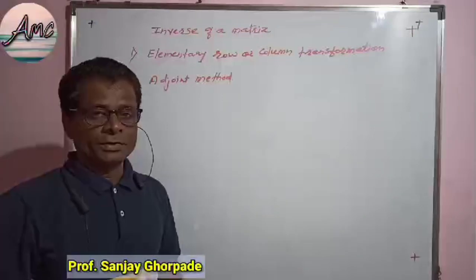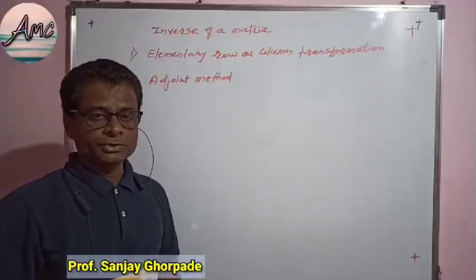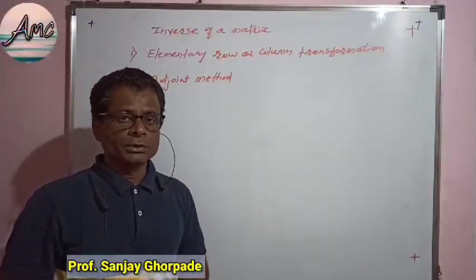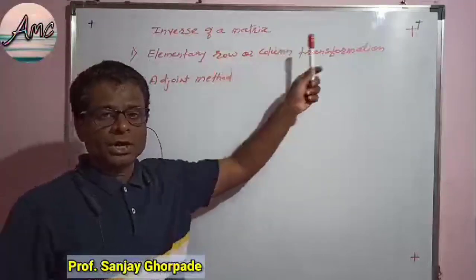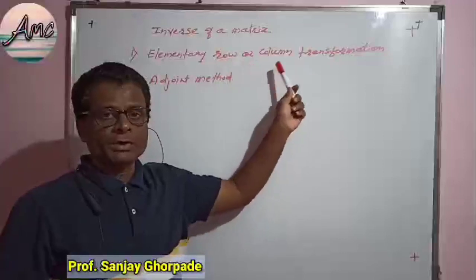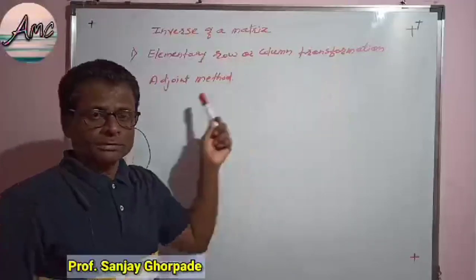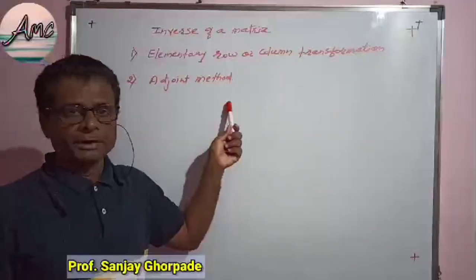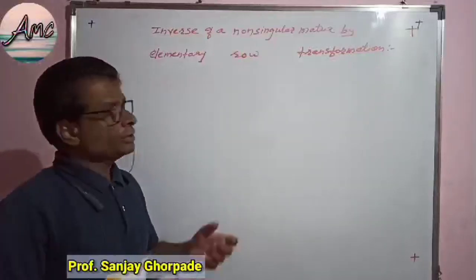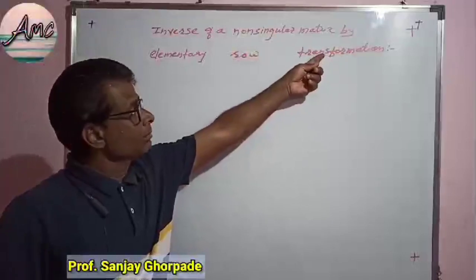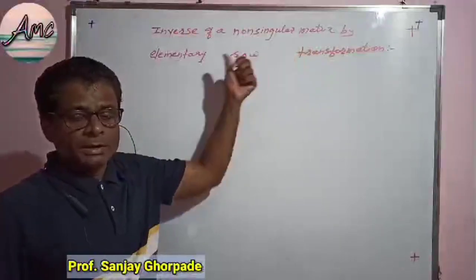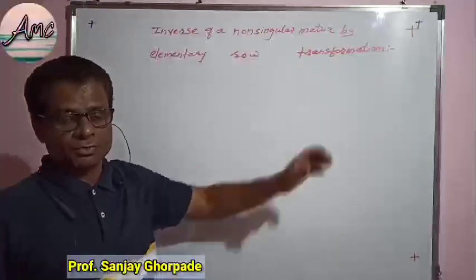The inverse of a non-singular matrix is obtained by using two different methods. One is elementary row transformation or elementary column transformation. Then the second is the adjoint method. Let us consider the inverse of a non-singular matrix by elementary row transformation.